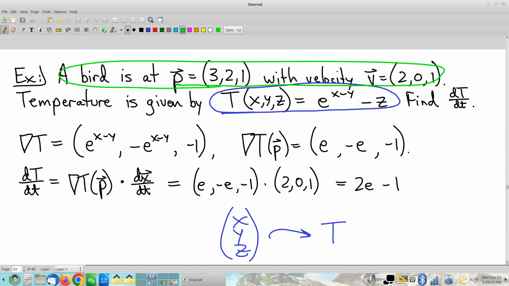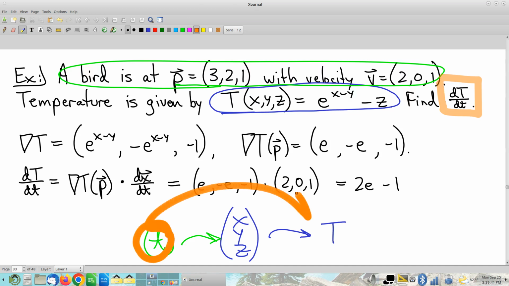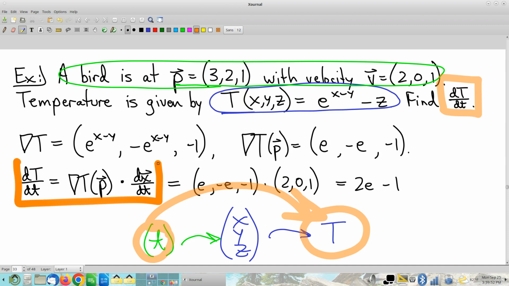We're talking about its current position and how it's moving. That means x, y, and z are functions of t. And so the question has asked for the derivative of temperature with respect to time. You'll notice that is the composition derivative. So we can use the special case formula on the previous page that says the derivative is computed with a dot product with the gradient.